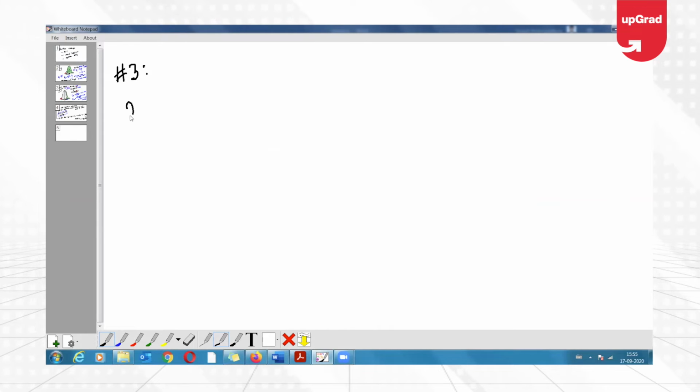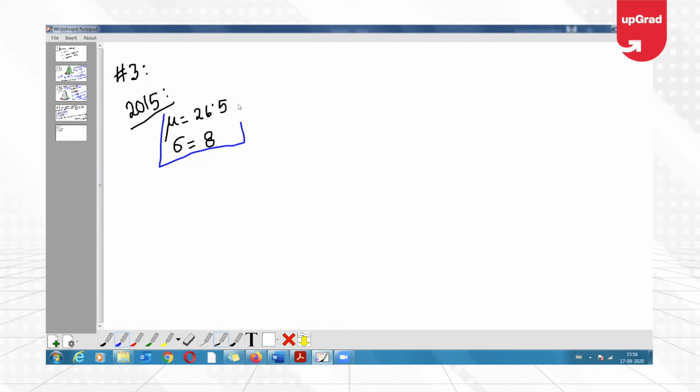So in 2015, kids were watching 26.5 hours of TV, and the standard deviation is 8 hours. So we assume that this is my population. Since nothing else is mentioned, always assume that this is my population.